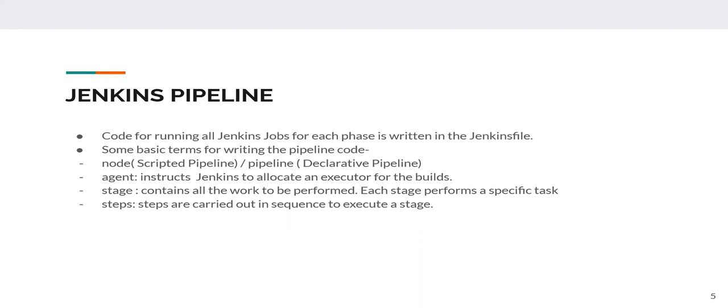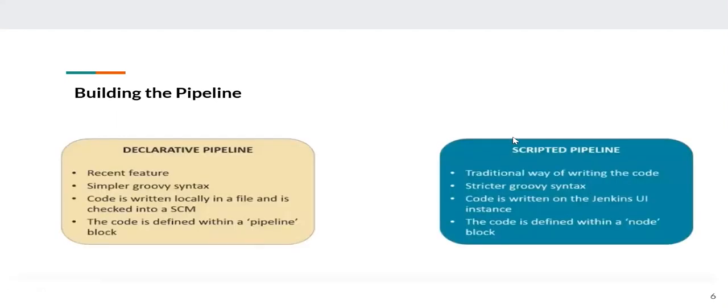Now, there are two ways to build a Jenkins pipeline. You can build it locally in your system, and this is known as a declarative pipeline. You create a file known as a Jenkinsfile, and the code basically starts with pipeline. You then push this code to a version control system. This is one way to do it locally.